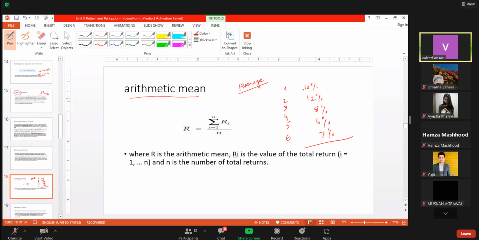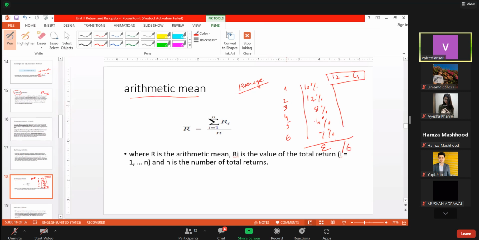So we just sum these up and divide by 6, whatever. So we get the average return. There is a variation, in some cases from 12% to 4%, it swings. So it gives an idea about the dispersion of return.